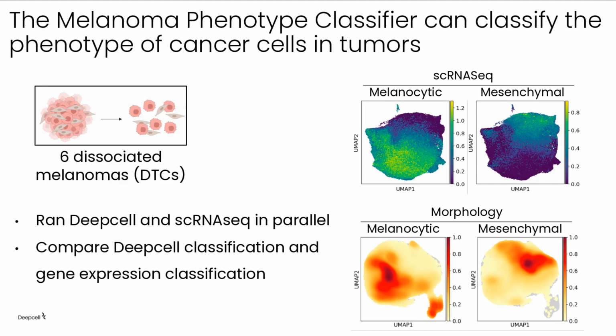You see here that we can get a nice separation of the melanocytic cells, which are here in the lower left, and also the mesenchymal cells here more in the upper right. So RNA sequencing was successfully generating our baseline. And here below, as a reminder, you see again the morphological UMAP.